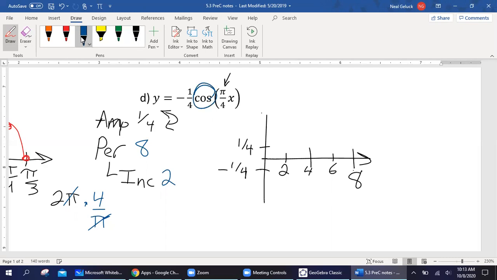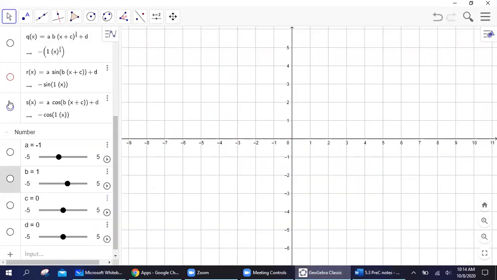This is a cosine. Cosine usually starts above the midline, but that reflection is going to make it flip, and it's actually going to start below, and then on, then above, on, below. So I get kind of a smushed little cosine wave that's been reflected. So again, let's look at what this is.